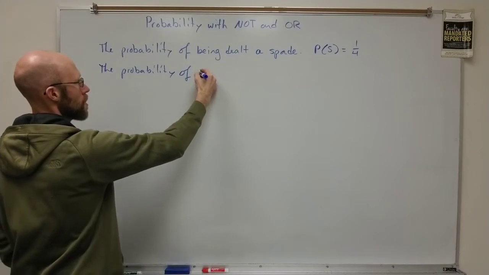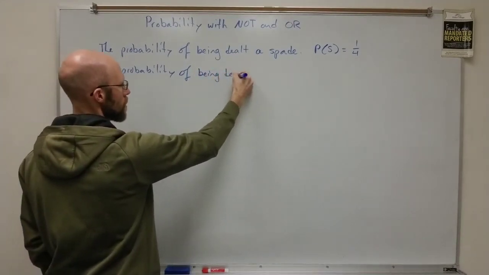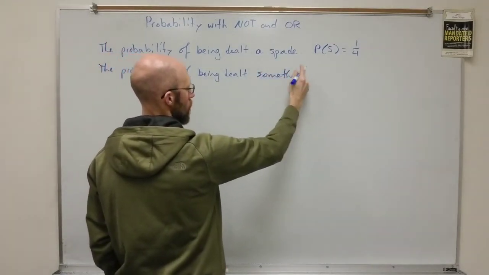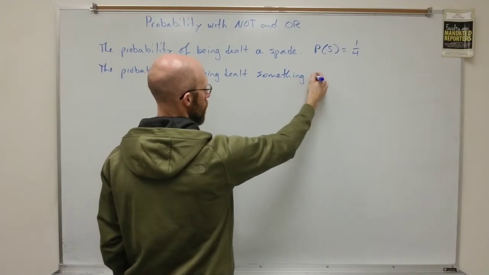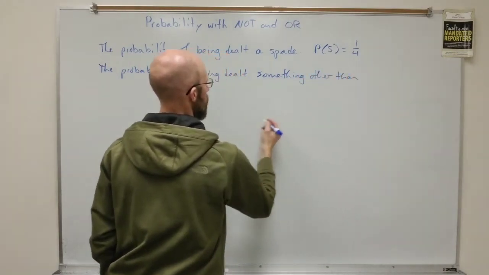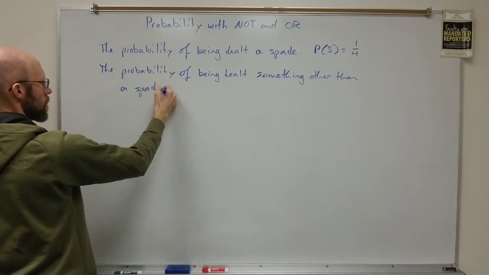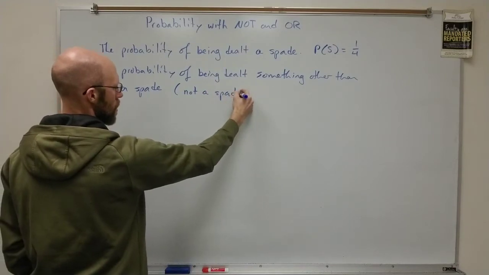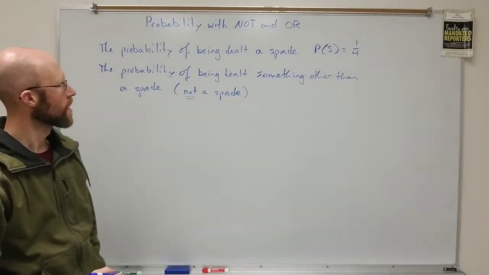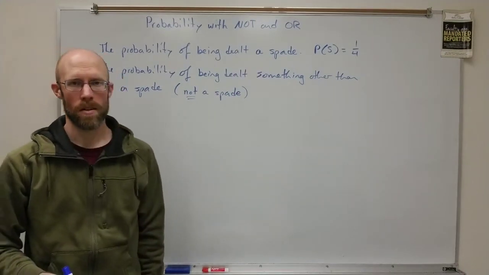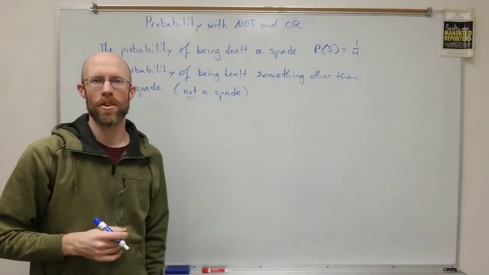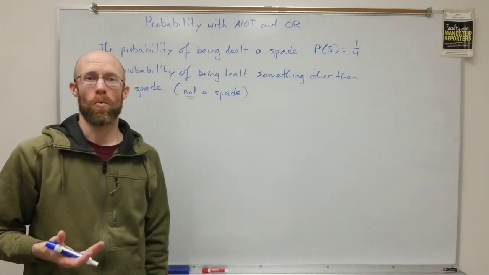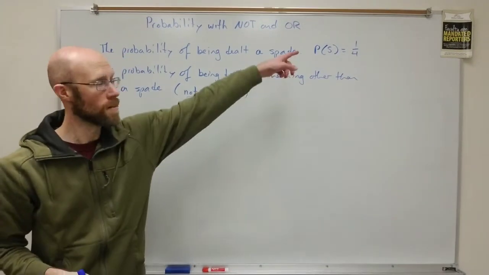And so if I wanted to find the probability of being dealt something other than a spade, or I might say not a spade, right? That gets my not in there. Well, you could think of it as the sum of the probabilities of the other suits, or more simply, 1 minus that one.